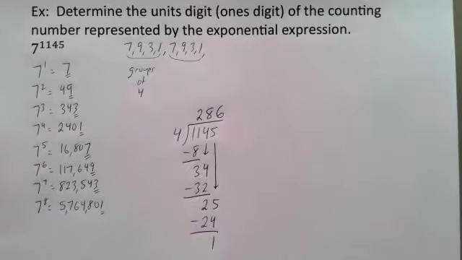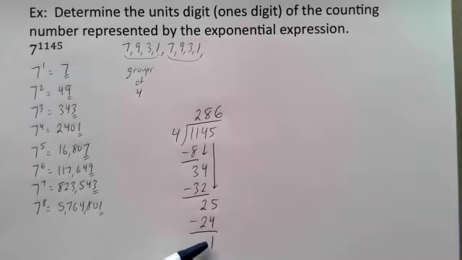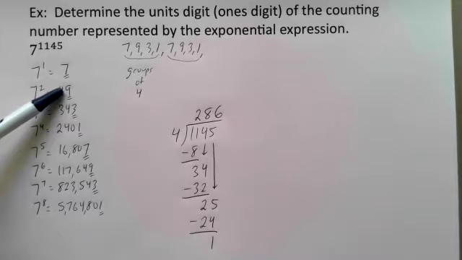And here's what you're going to do with that remainder. You take that remainder and you match that remainder with the power. Remainder of 1, I'm going to a power of 1, and my answer is 7. If I got a remainder of 2, I would go up to a power of 2, and I would say my answer is 9. If I got a remainder of 3, I would go up to a power of 3, and I would say my answer is 3.